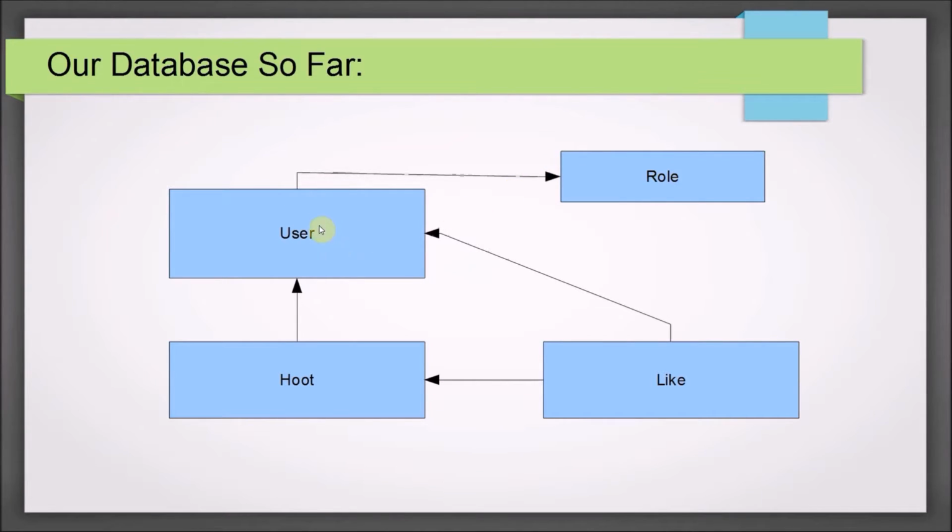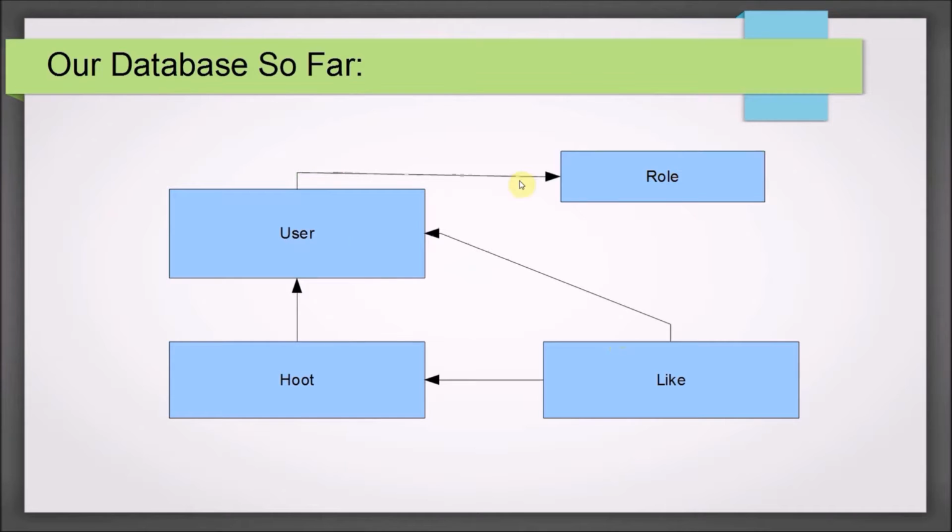We know the user is going to have a foreign key constraint to role, so whatever the role ID for each user is, it's going to have to be a valid ID in the role table. We know Hoot is going to have author ID, which is going to have to be a valid user ID, so there's going to be a foreign key constraint here. And we know the like table is going to have foreign key constraints for Hoot and the user ID.